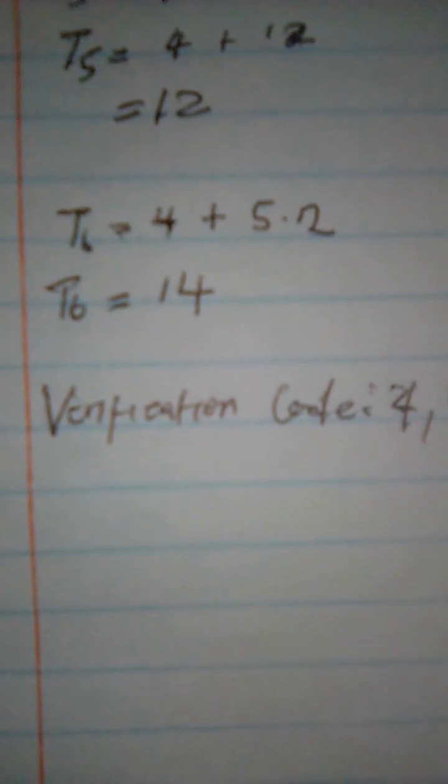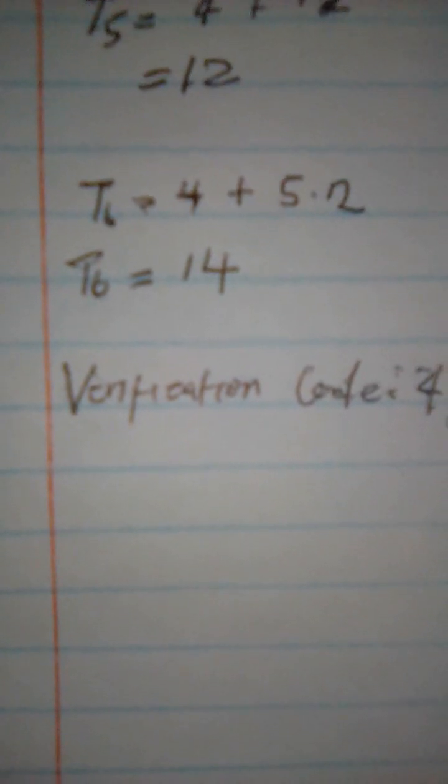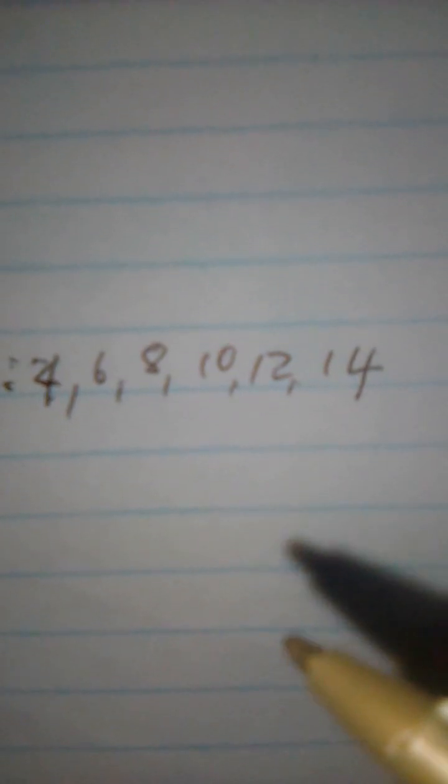So for our key moment, this is our verification code without the missing numbers: 4, 6, 8, 10, 12, 14. So that's my solution to this problem of serial numbers and extracting the missing numbers.